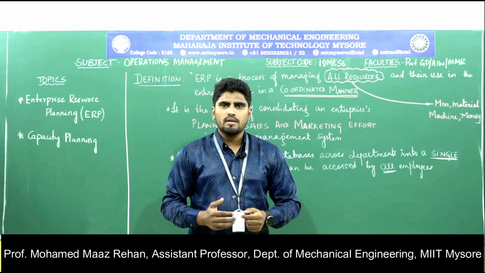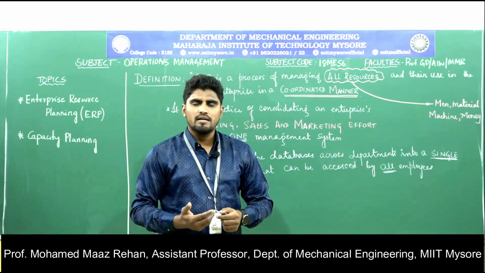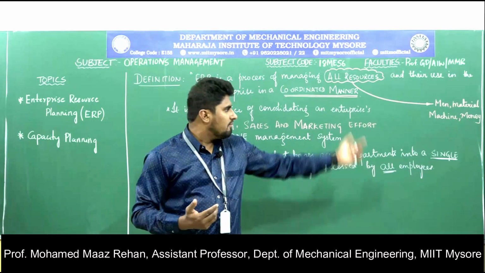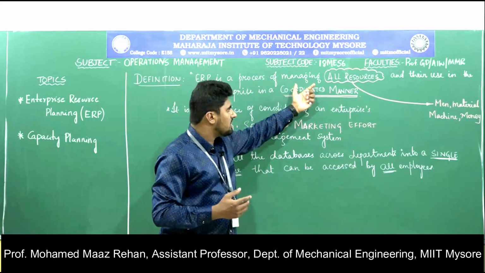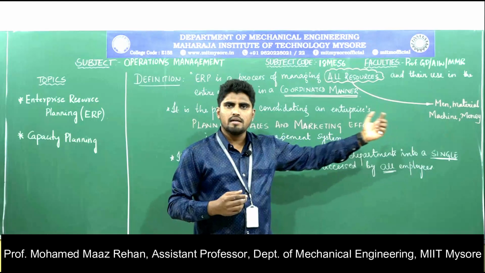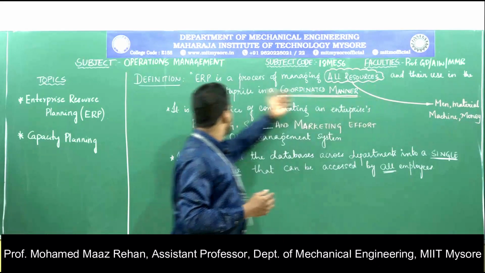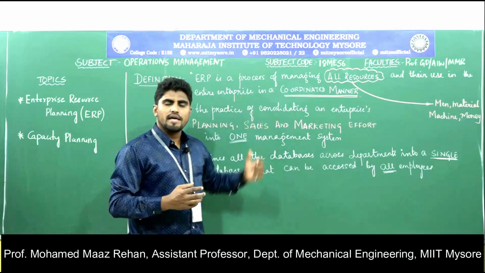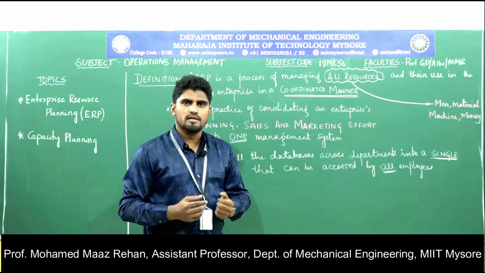In an organization, we have different resources such as men, material, machinery and money. ERP is a process of managing all the resources such as men, material, machinery and money, and their use in the entire enterprise in a coordinated manner. That is the definition of ERP.